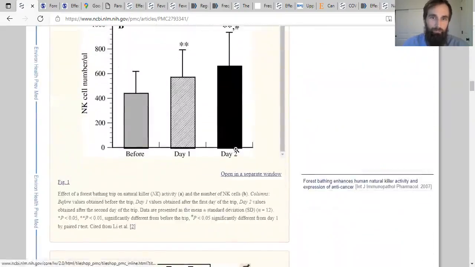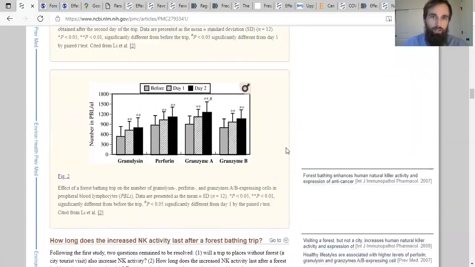And if we look down here, these are the 4 different enzymes that they were measuring. You can look right here.